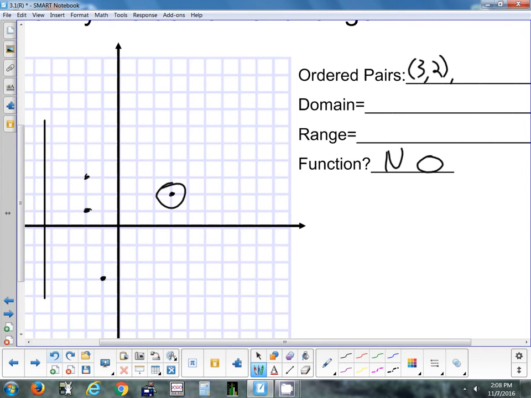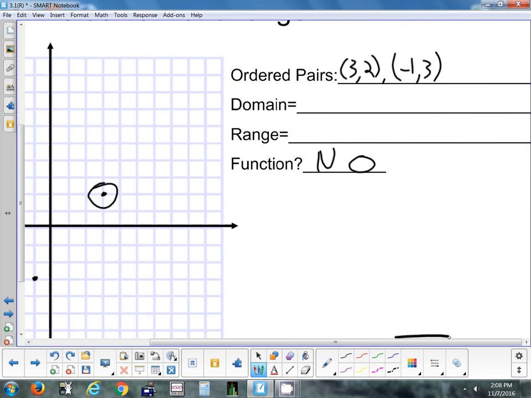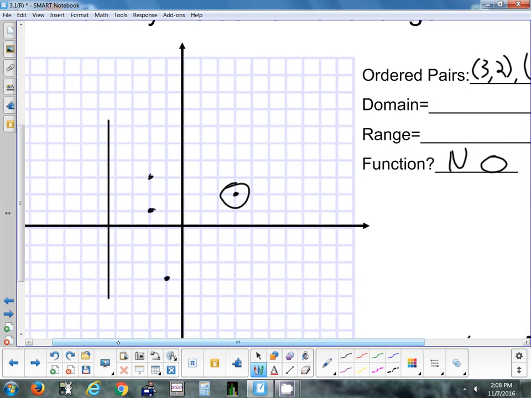Yep. -1, -3. Okay. How about that one? -2, 1. And how about this one up here?